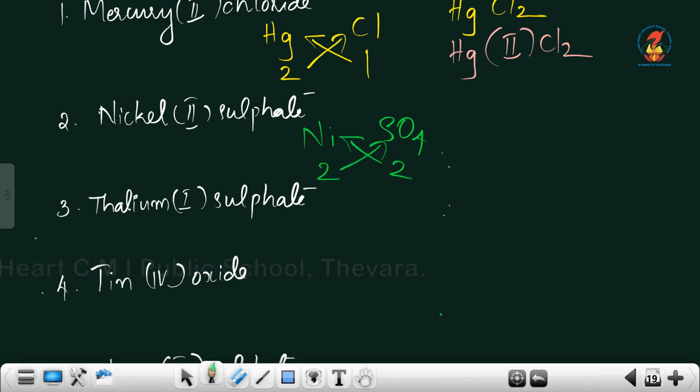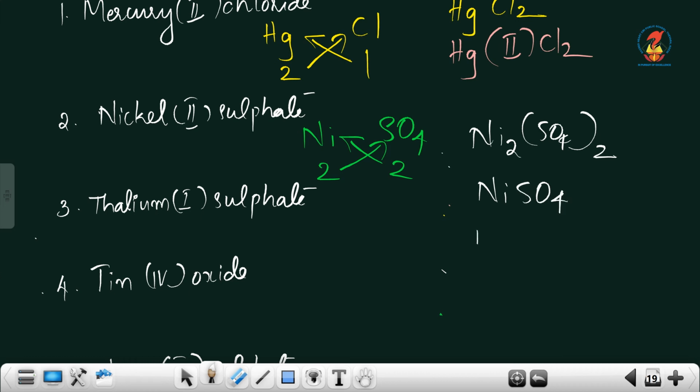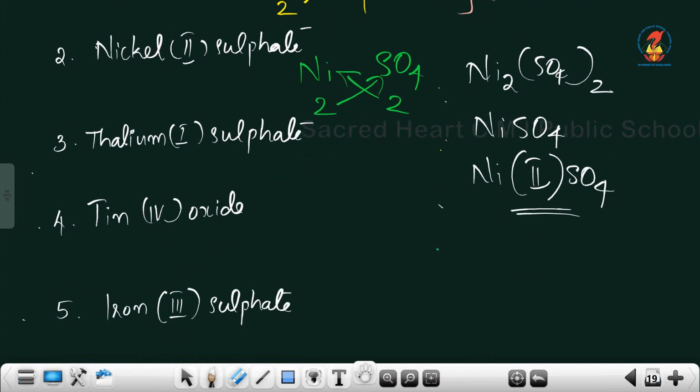Once you transpose, what you are getting here is Ni2SO4 twice, and when we write this in the simple whole number ratio, it is NiSO4. So how can we write the stock notation: Ni, nickel oxidation state is +2, SO4.